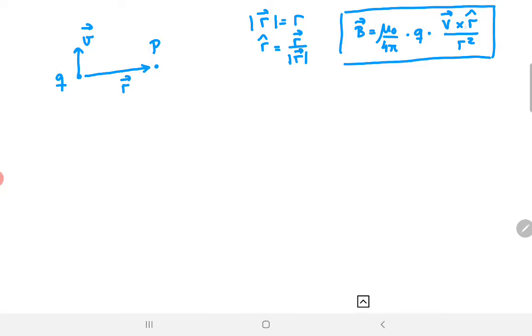As you know, if the velocity and the unit vector are not parallel, they form a plane. In this case, the plane they form is the plane of the screen, because they both belong to the screen. So their cross product has to be a vector that is perpendicular to the screen. Now that we know this, the only thing remaining is to know if it's going to go into the screen or out of the screen.